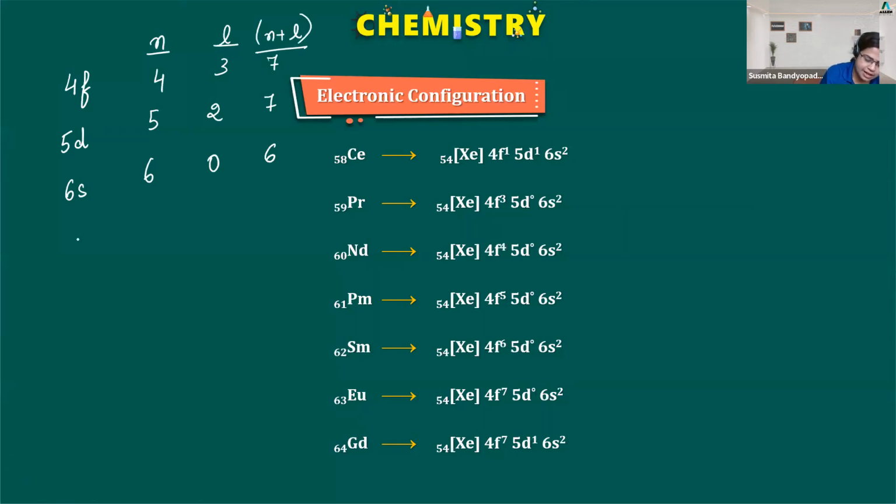According to the n plus l value, 6s should be filled first. Then, where both have the same n plus l value, the one which has lower n should be filled first.